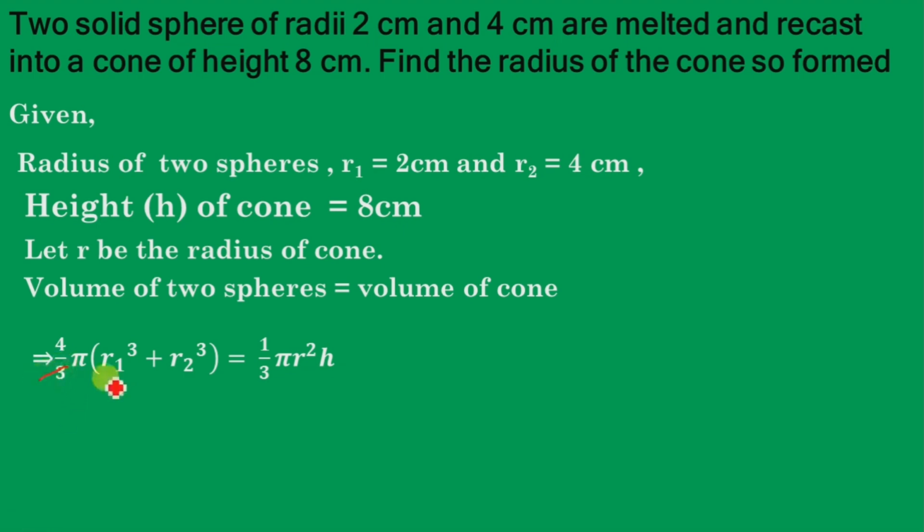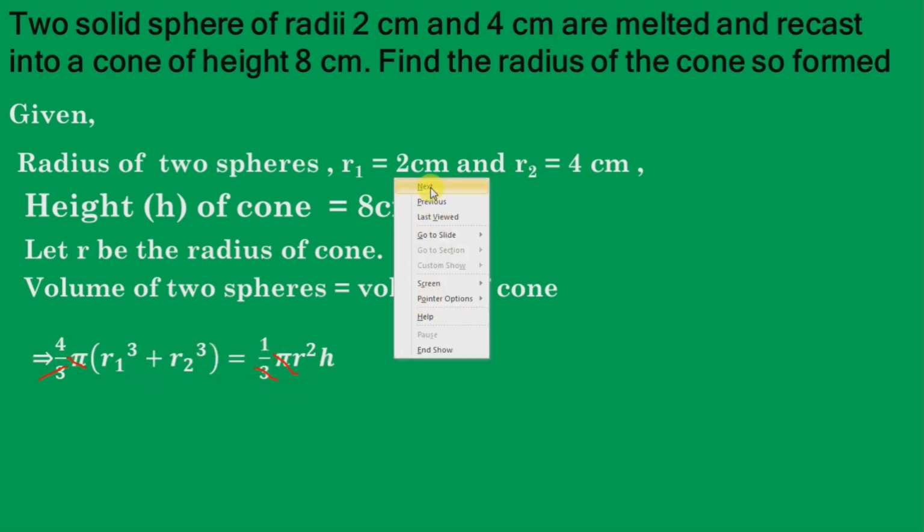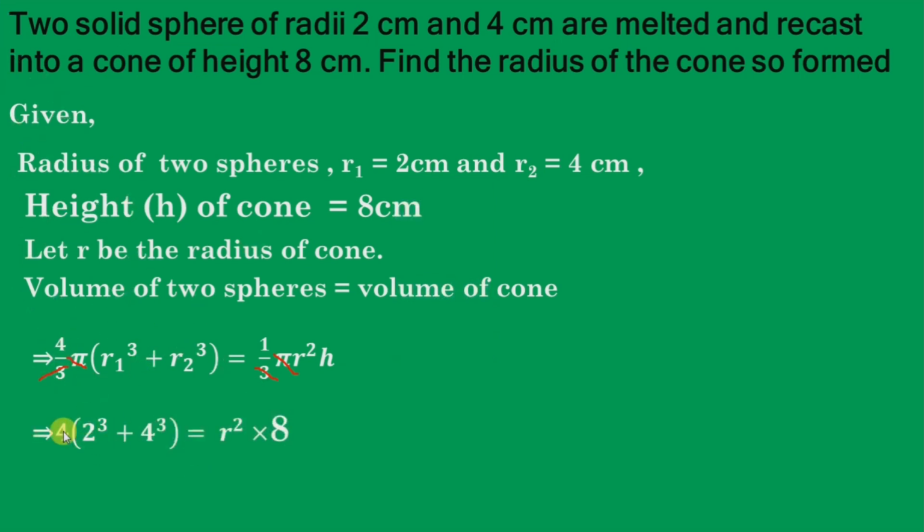So here 3 and 3 will get cancelled, pi and pi will get cancelled. Now we'll put the value. So 4 into (2 cube plus 4 cube) is equal to r square into h, and h is 8.